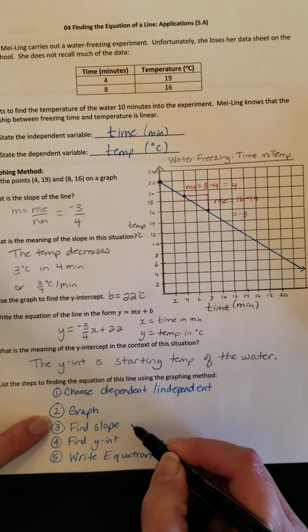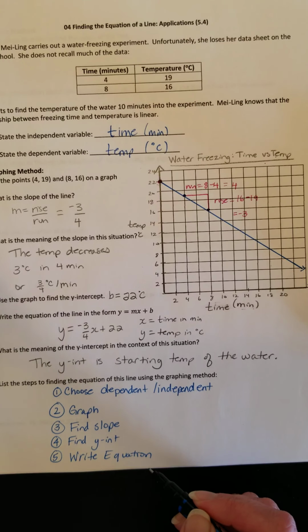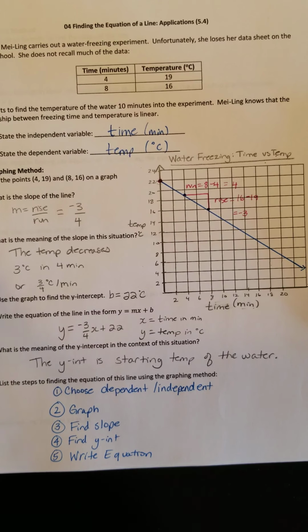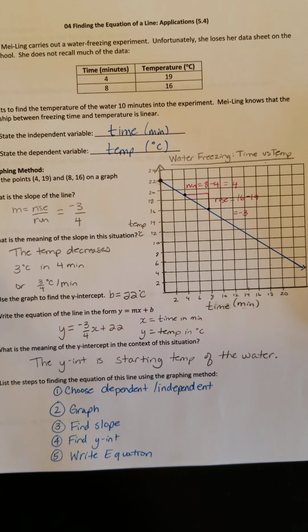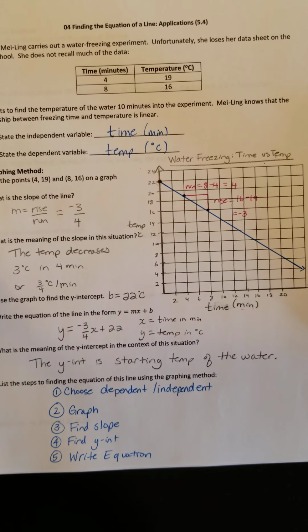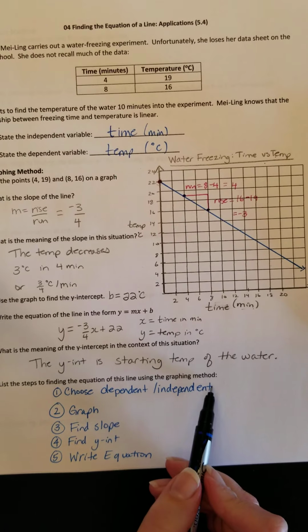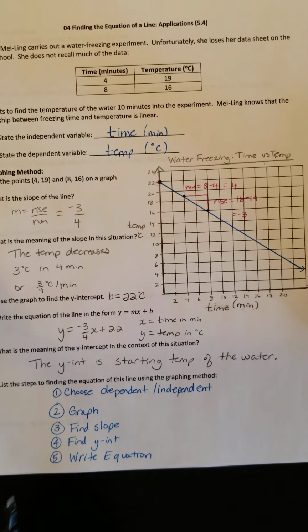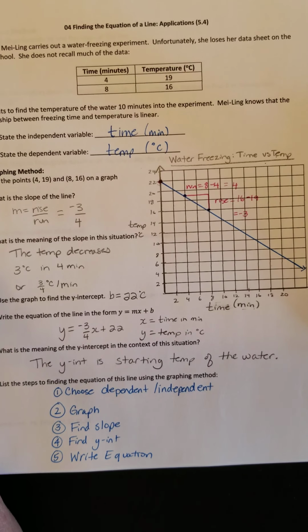And these 3 steps, I think you guys will see, were very familiar if you watched the video from day 3. Now, those are always the steps in solving or finding the equation of a line. You need the slope, you need the y-intercept, then you write the equation. If you don't have a graph and you want to use a graphing method, then you have to do those first 2 steps as well to be able to create that graph.